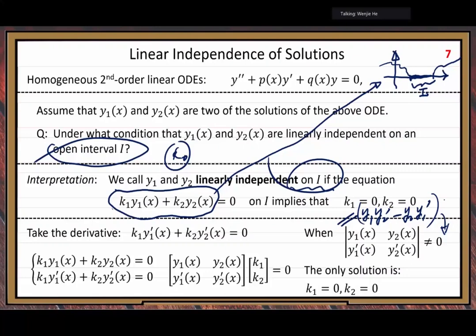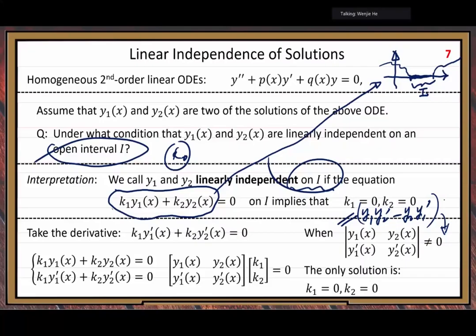For order 3, with Y1, Y2, Y3, you have a similar result. You write a 3 by 3 matrix with Y1, Y2, Y3, then Y1 prime, Y2 prime, Y3 prime, then Y1 double prime, Y2 double prime, Y3 double prime, and calculate that 3 by 3 determinant.